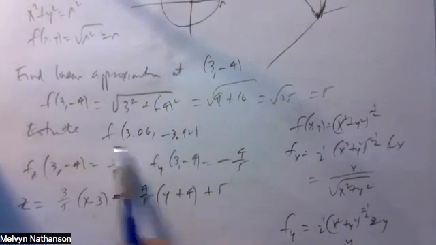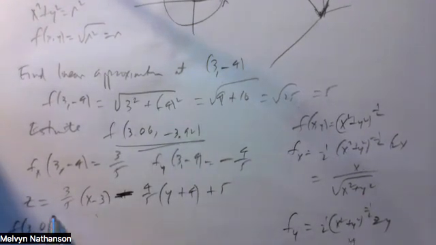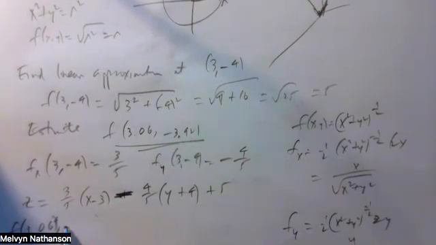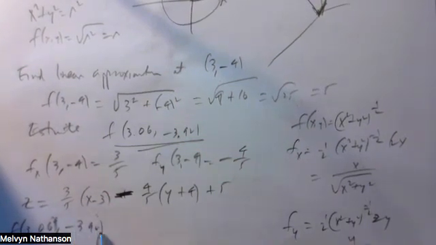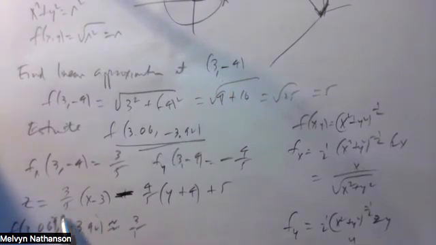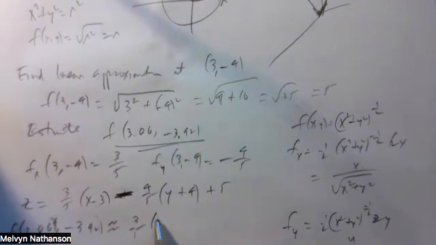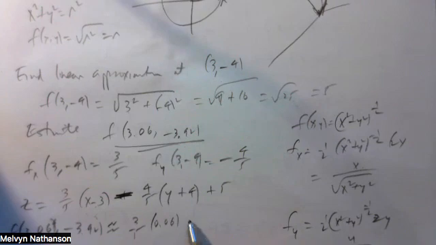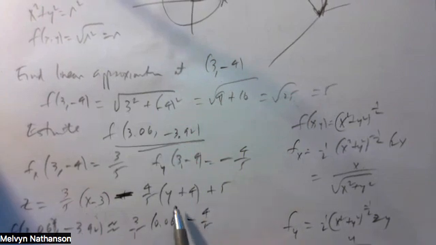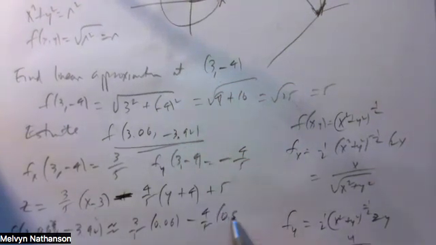So f at 3.06, minus 3.92 is approximately 3/5 times x minus 3, which is 0.06, minus 4/5 times y plus 4. If I add 4 to that, I get 0.08 plus 5.